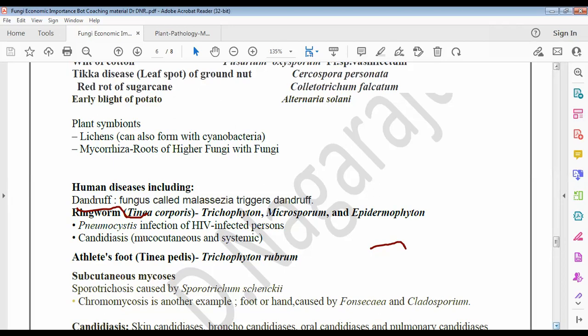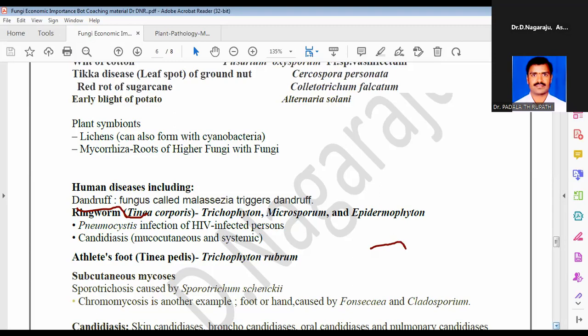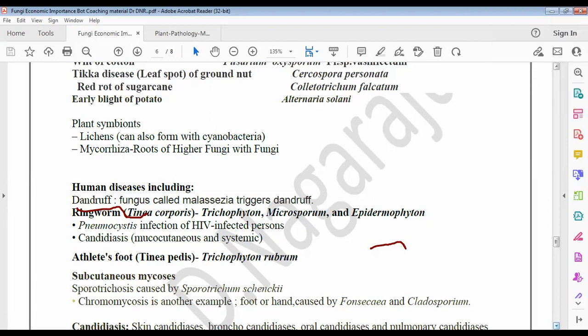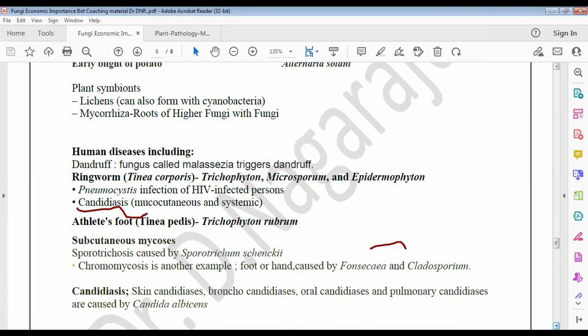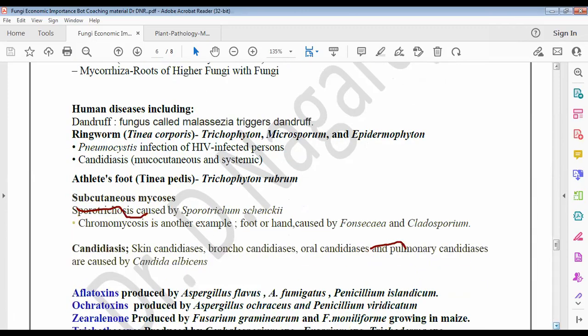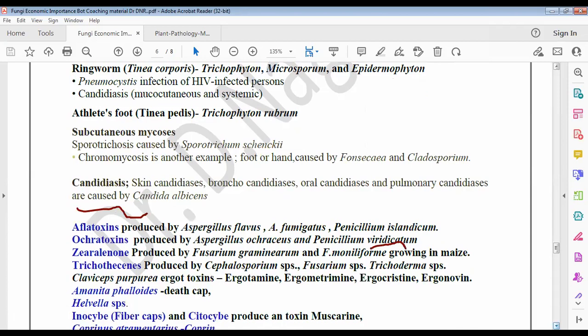You know, it's Candid cream that we use for the itches. Athlete's foot disease is also caused by fungi. And subcutaneous mycosis, that means inside the skin it gets damaged. I already told you candidiasis, a skin disease.